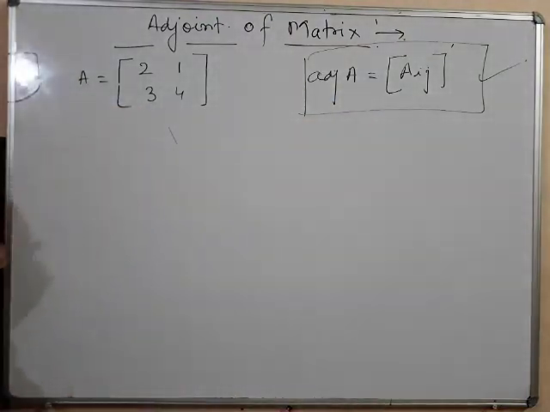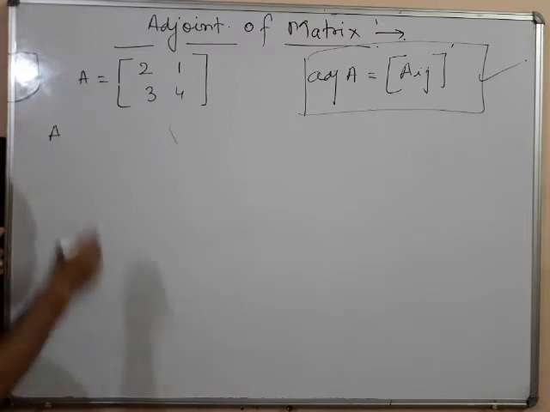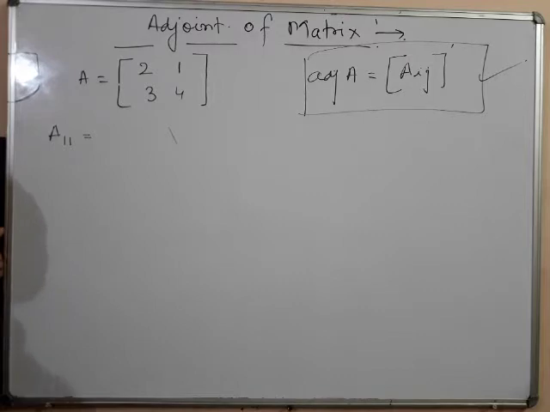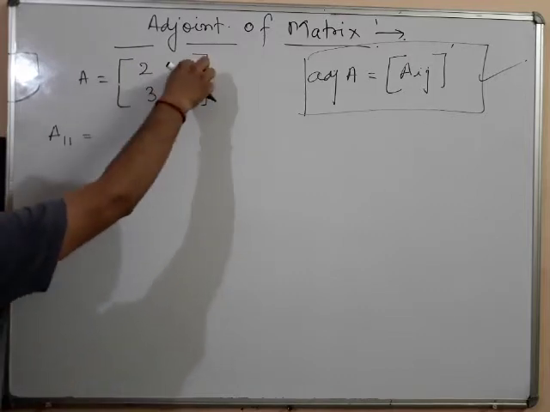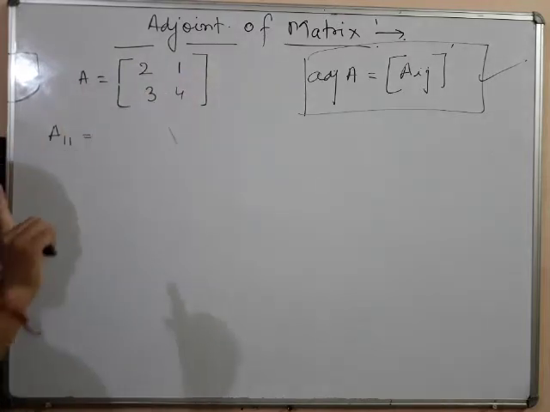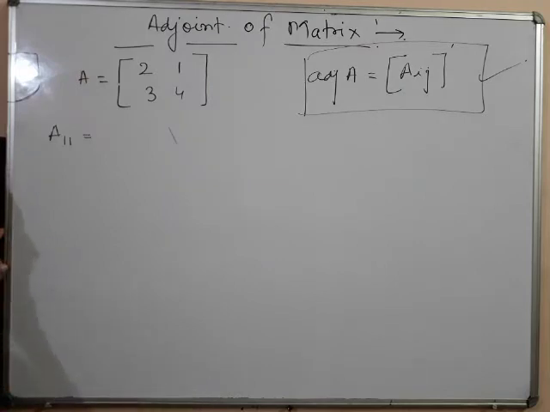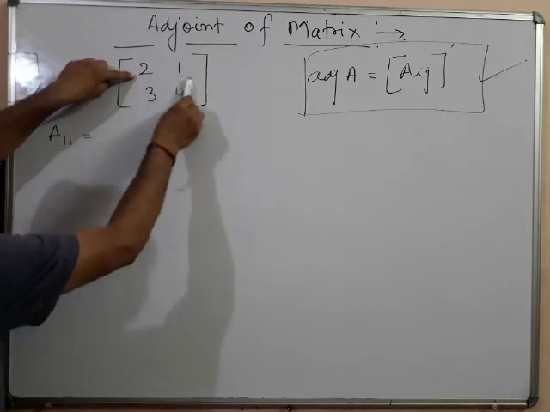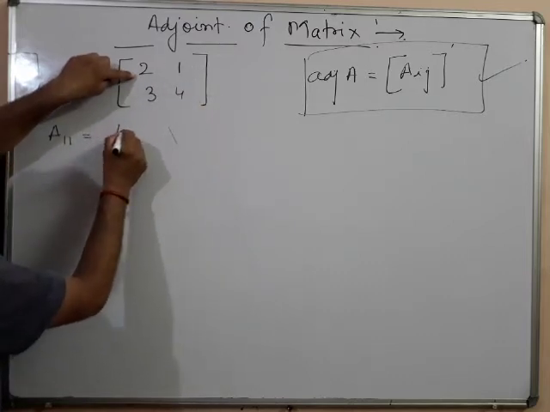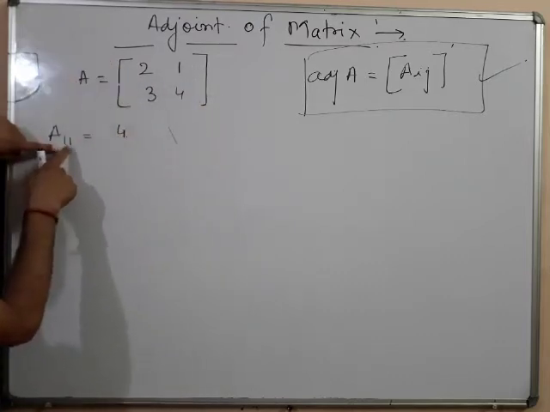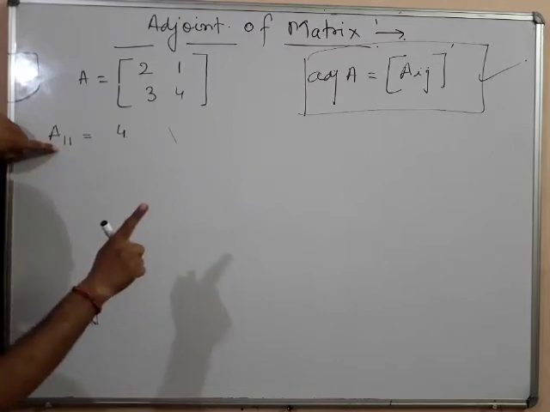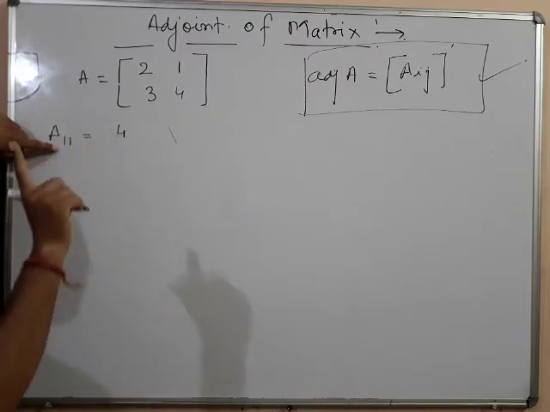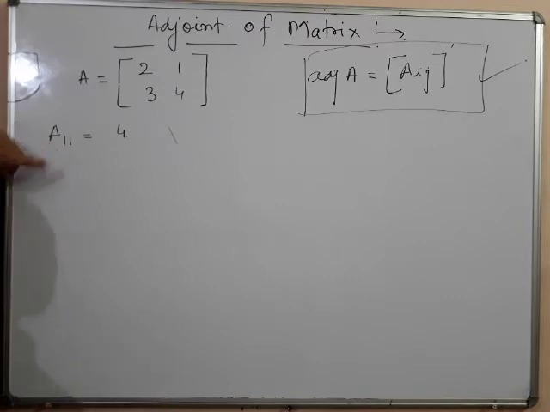So first of all, I will find the cofactors of every element. A11 means this and this. I explained cofactors and minors in the last video. To find it, this row and this column will be deleted. That will be 4. And the sum of these two positions is even. Multiply this with a plus sign. Clear?